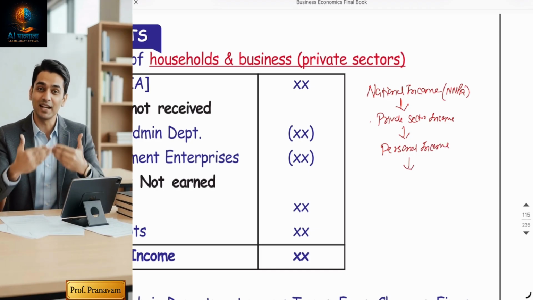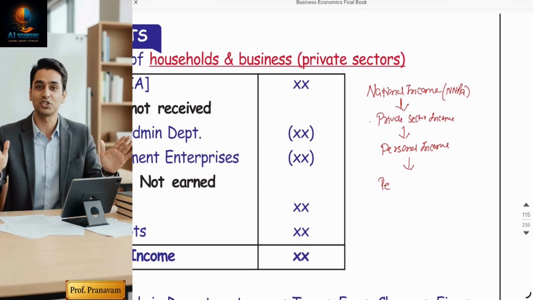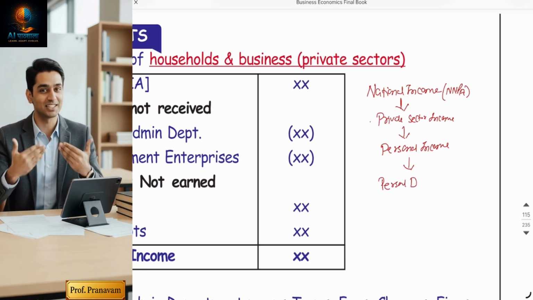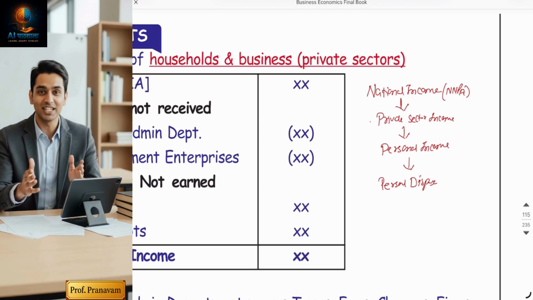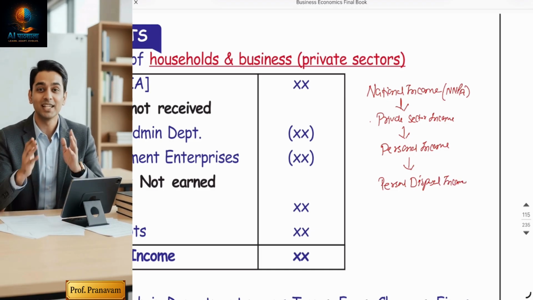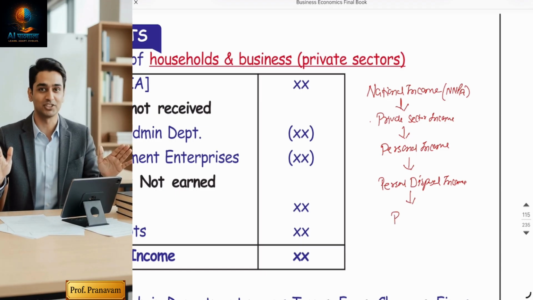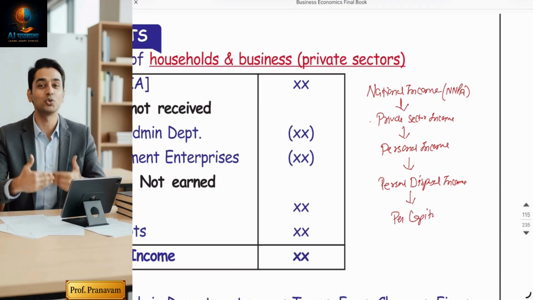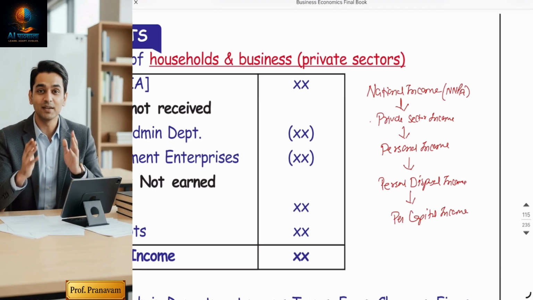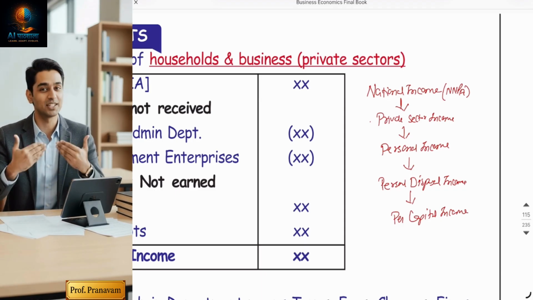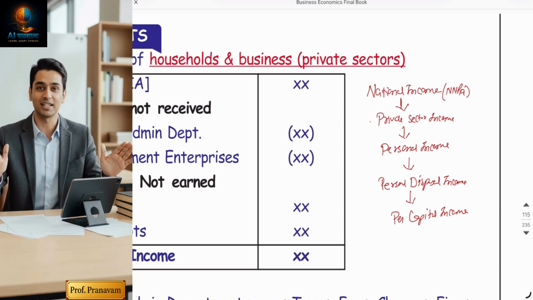From private sector income we'll derive personal income, and from personal income we're going to derive personal disposable income. Right? And then per capita income. So these are the concepts which we have to study, and all of these are derived from each other.